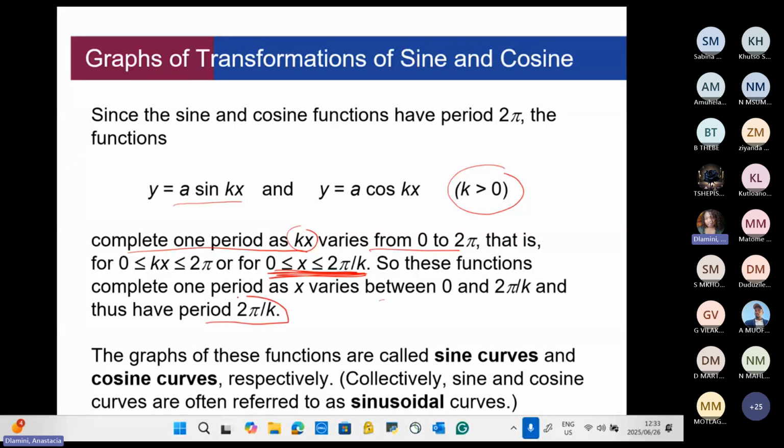The graphs of these functions are called sine curves and cosine curves, respectively. Collectively, sine and cosine curves are often referred to as sinusoidal curves.